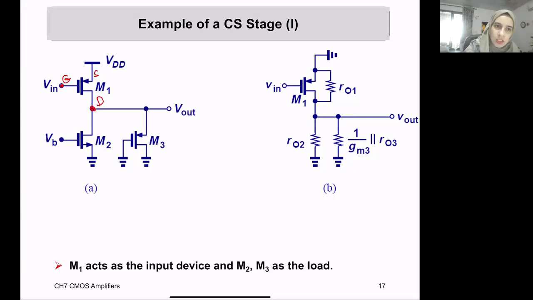Is it with degeneration or no degeneration? How do I decide this? I will look at the source side. The source side is connected to VDD, which means in the small signal model it will be grounded because VDD is a constant voltage. So it's just a common source amplifier.